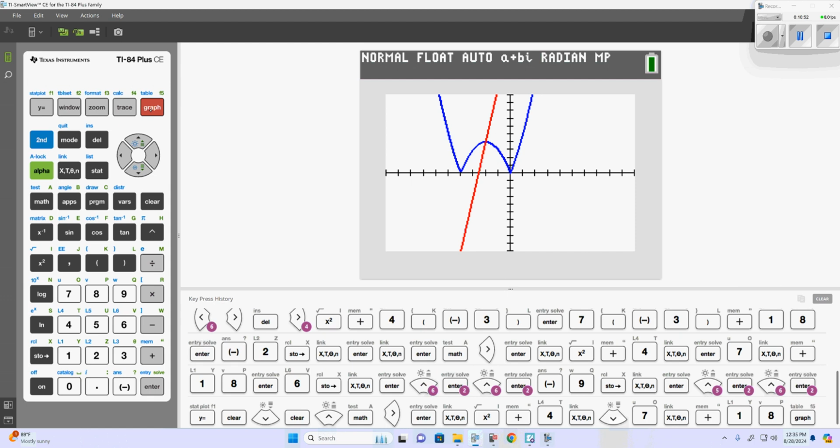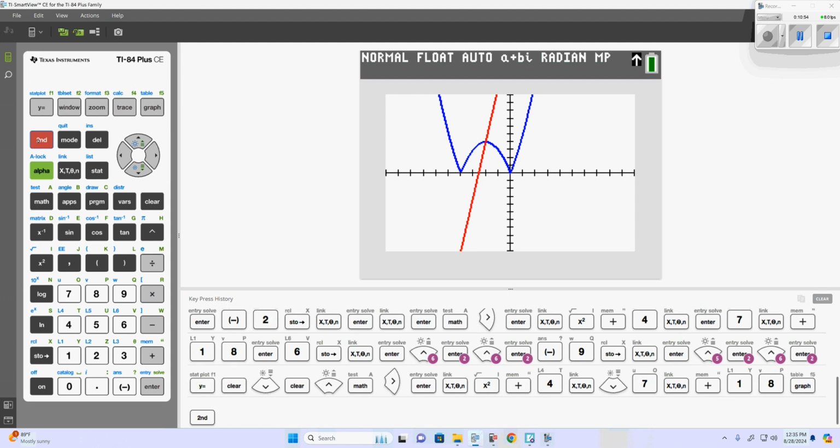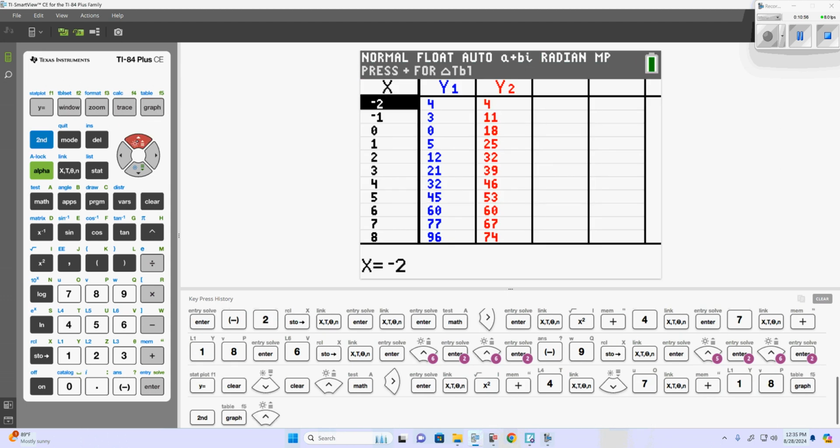The one in red is our other side. Now if I go second table, we said one of the solutions was negative 2, yes? We're looking for whether it's equal. What value will make the y's be equal? Here, when x is negative 2, they're both 4. So a solution for this is x is negative 2. And we said the other one was 6. And if we look at when x is 6, the y value is the same. That's where they both cross.